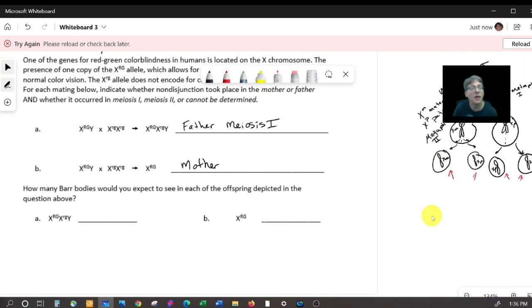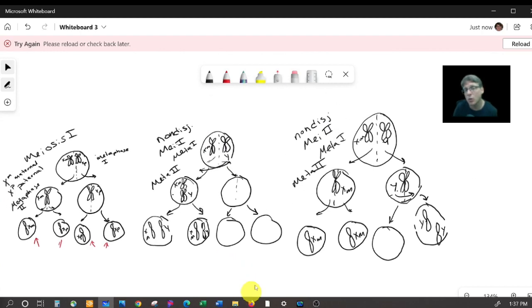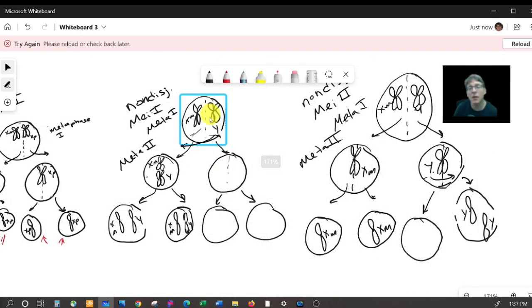Now the question is did it happen in meiosis 1 or did it happen in meiosis 2? Well, in this situation, the mother is contributing no chromosomes. We know it had to have happened in her because we have 1 chromosome from the dad. Okay, but the mother is contributing no chromosomes. And so when we look at our drawings over here again, what we can see is that when we have non-disjunction occur in meiosis 1, we have abnormal gametes that are lacking a chromosome. Okay, so it could have been one of these 2 gametes that got fertilized.